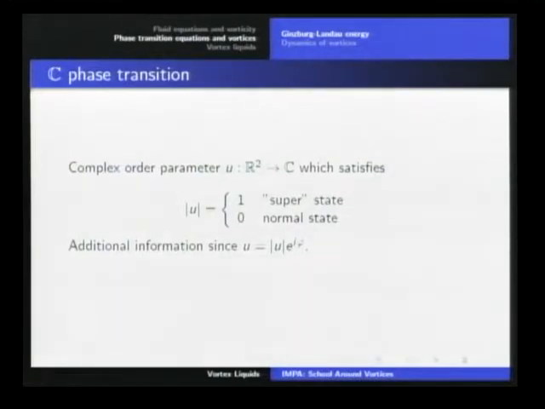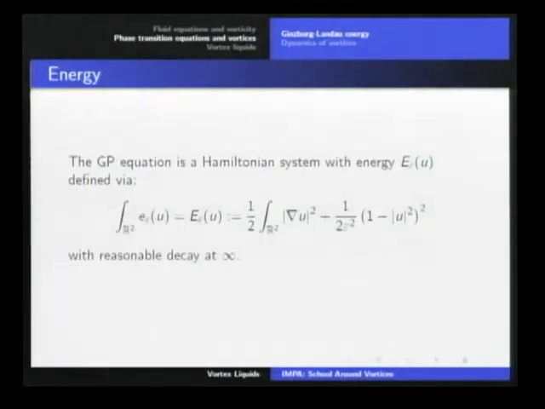But because it's complex valued, there's an additional piece of information, which is very important to us, and that is the direction, this phi. Okay, so it's not just a scalar. There's something else.